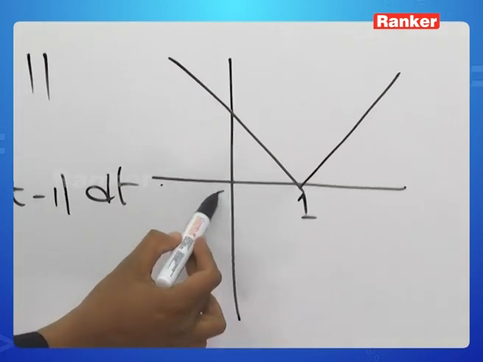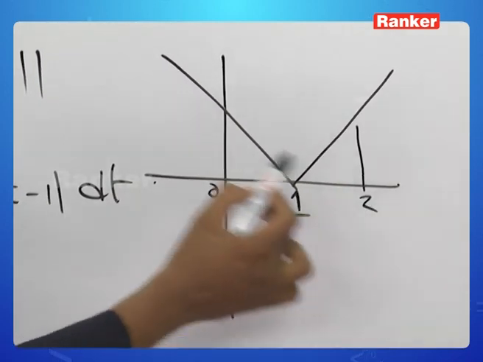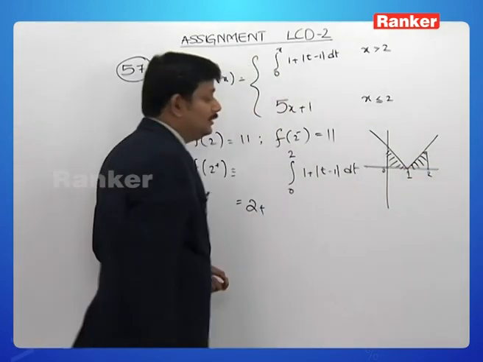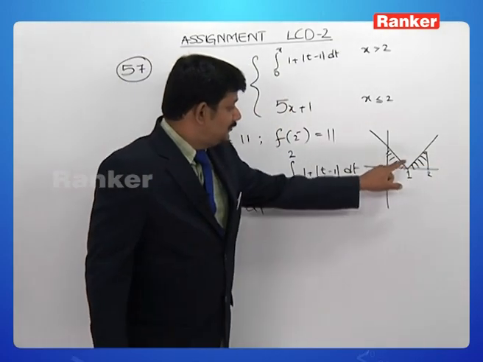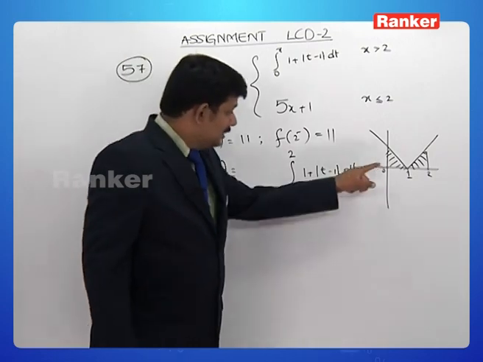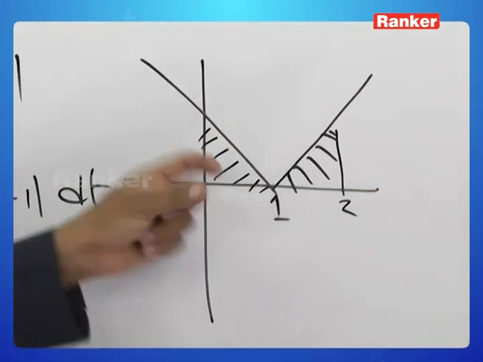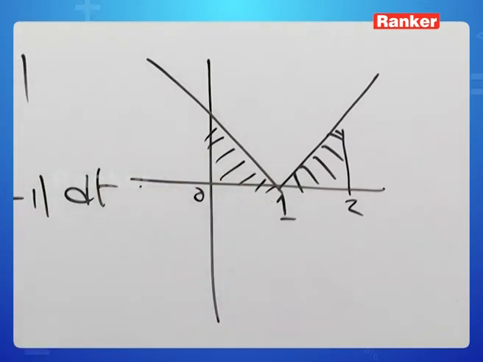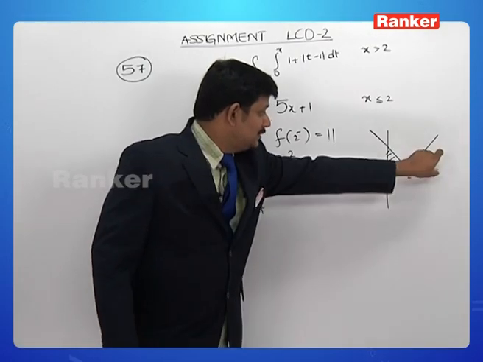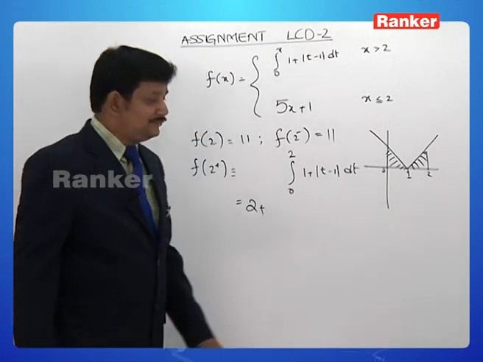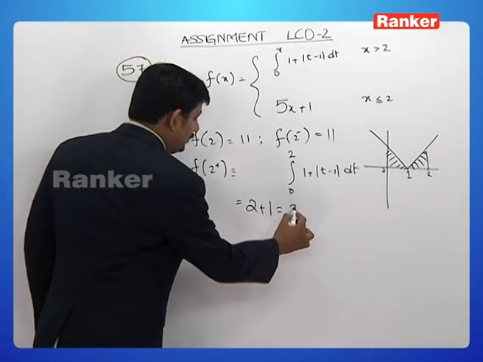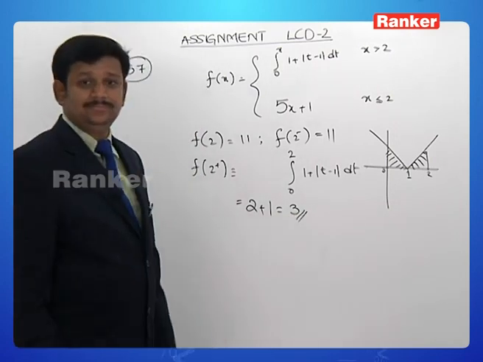We are evaluating from 0 to 2, so the integral is the area of these two triangles. The area of each triangle is half, base 1, height 1, so half. So the total area is 1. So f of 2 plus is 3.